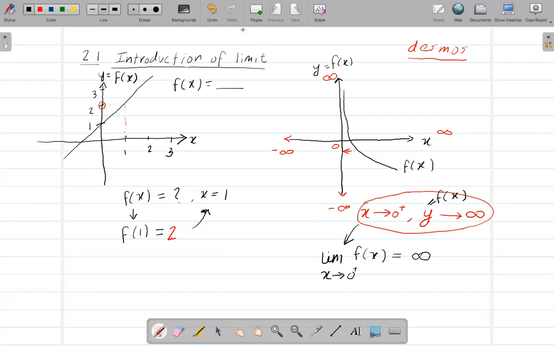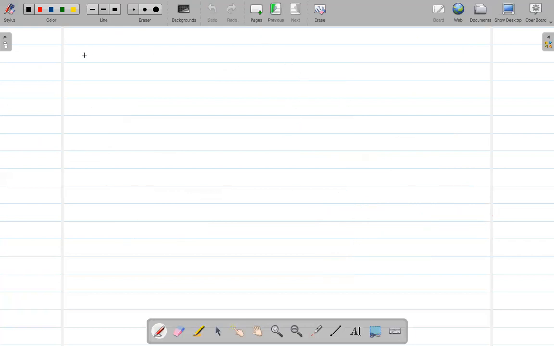If we have the basic notation, lim as x goes to c, let's not worry about plus or minus here.